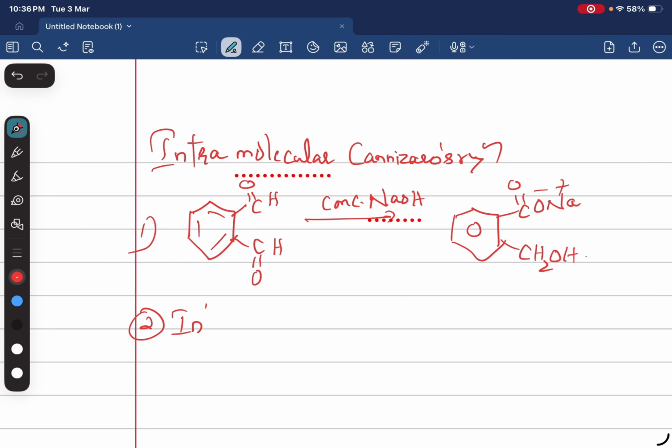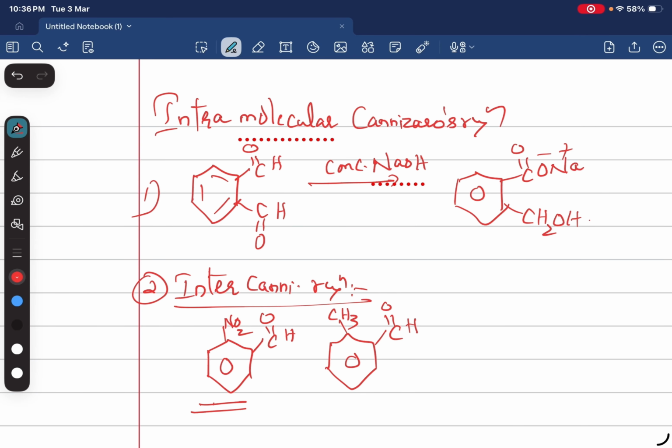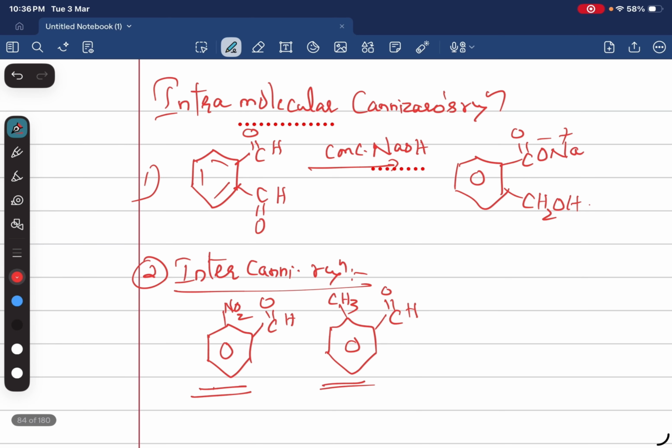If you take the intermolecular Cannizzaro reaction, let us take two different reactants having no alpha hydrogen. So here nitrobenzaldehyde, here methylbenzaldehyde. If these two react in the presence of concentrated NaOH, then the one which has electronegative groups easily undergoes oxidation and becomes an acid.